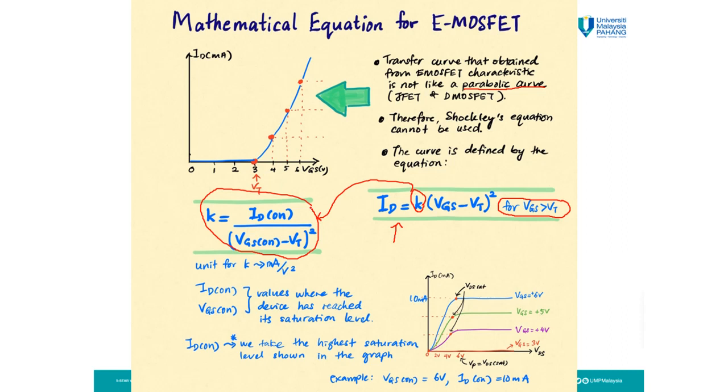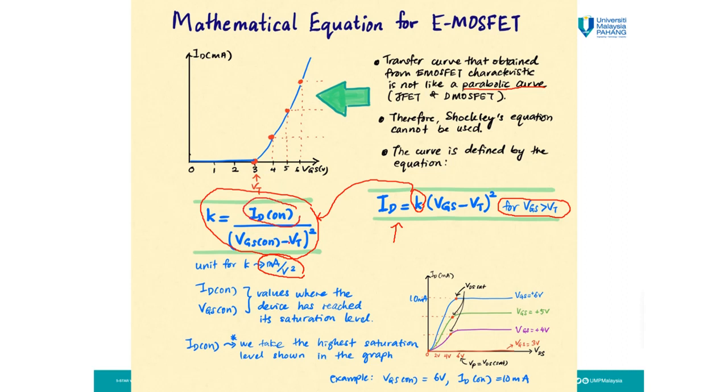Calculate this first using the ID on, VGS on, and VT. Once you get the value, you insert it in this equation. The unit for K is milliampere per volt squared.